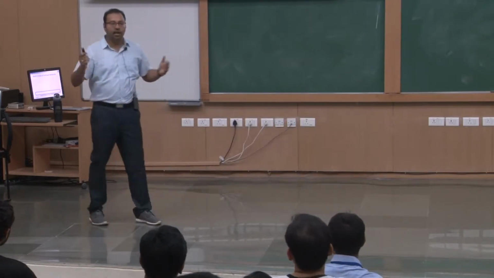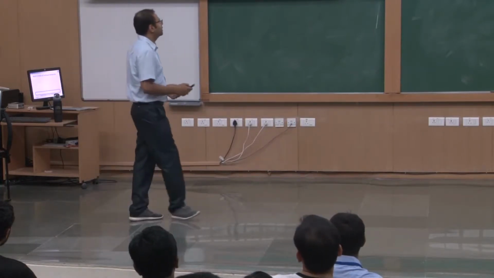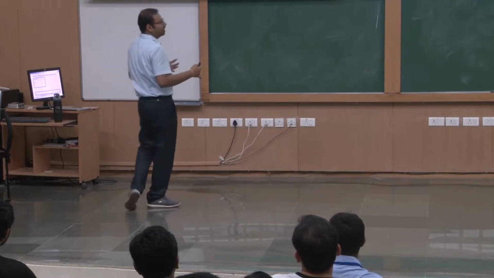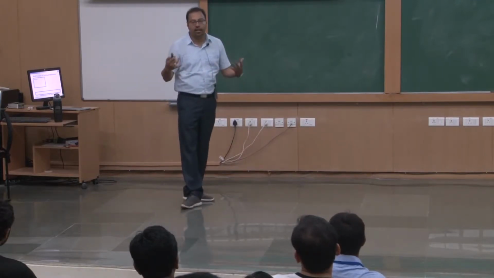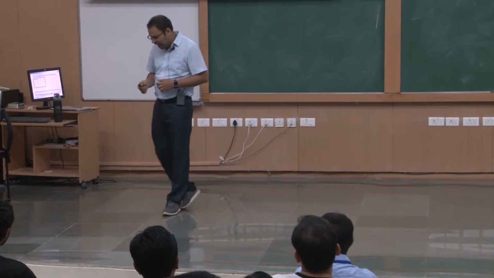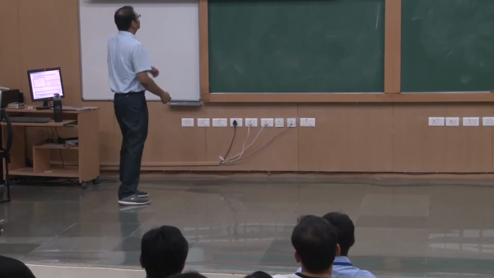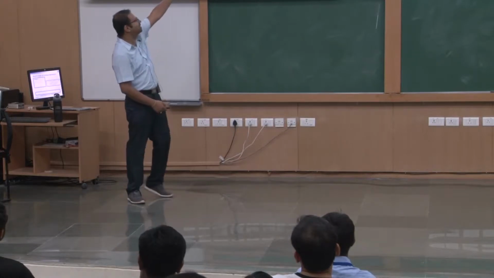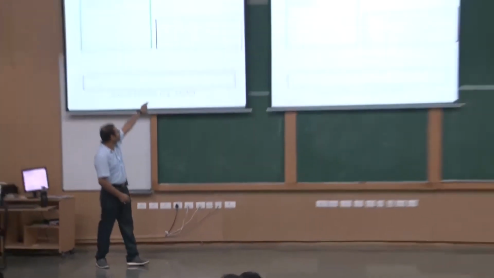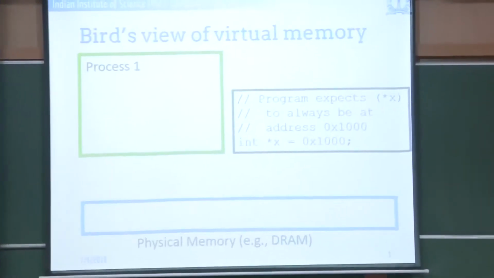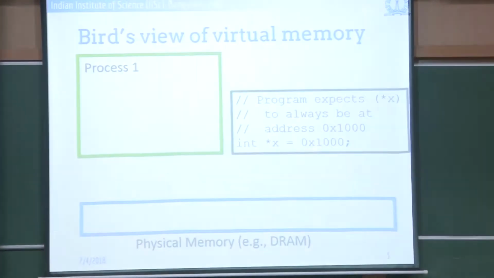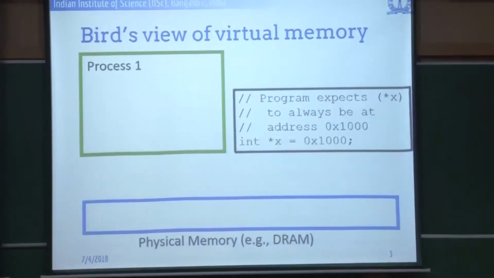And then you are probably also aware of these processes, which are essentially your applications currently running on the system. It might have some simple code trying to access a particular address here, which is 1000.